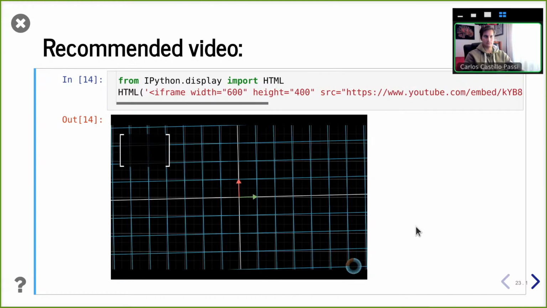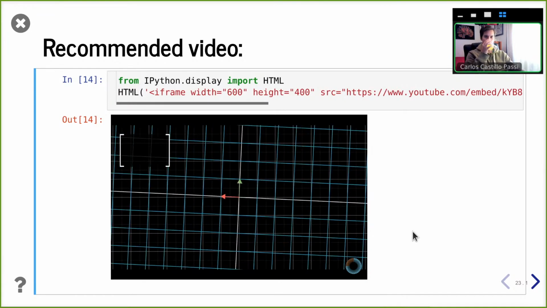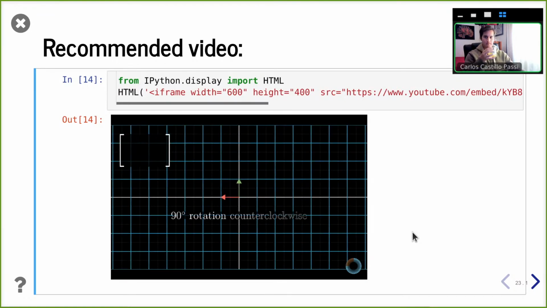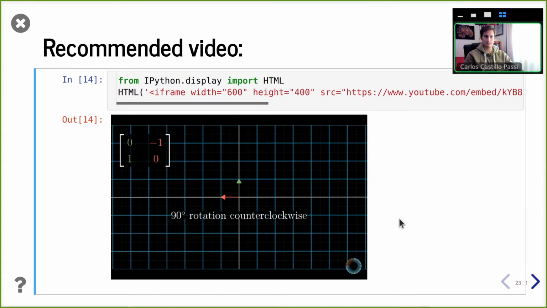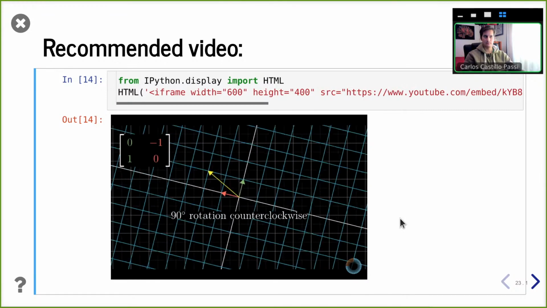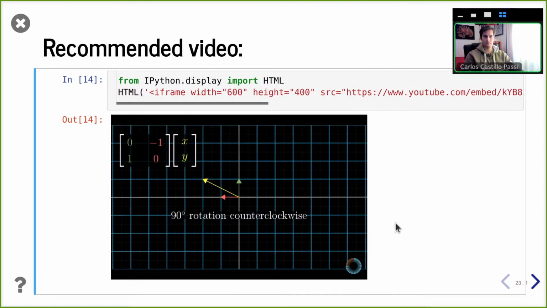For example, if we rotate all of space 90 degrees counterclockwise, then i hat lands on the coordinates 0, 1. And j hat lands on the coordinates -1, 0. So the matrix we end up with has columns 0, 1, -1, 0. To figure out what happens to any vector after a 90-degree rotation, you could just multiply its coordinates by this matrix.